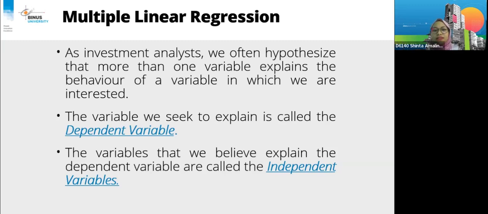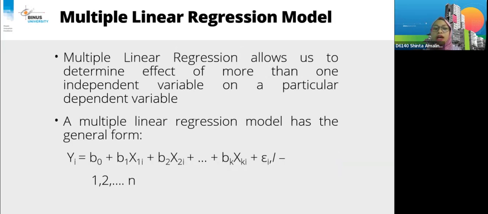So which factors might affect the dependent variables? Okay, so multiple linear regressions allow us to determine the effect of more than one independent variable on a particular dependent variable. So what is the difference?